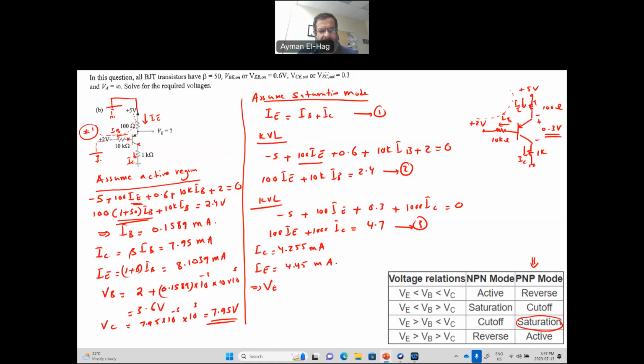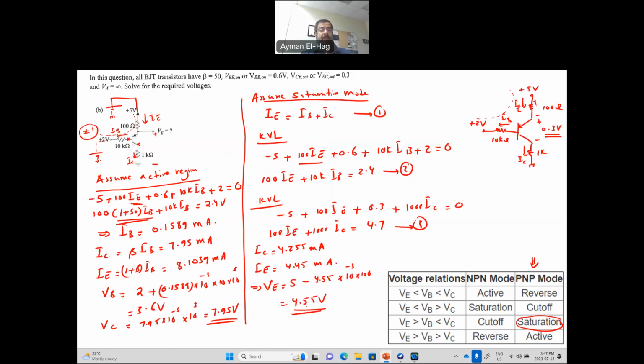So your VE is basically, if you apply voltage from here to the ground, equal to 5 volt minus the IE, which is 4.555 times 10 to the minus 3 times 100, and this will give me 4.55 volt.